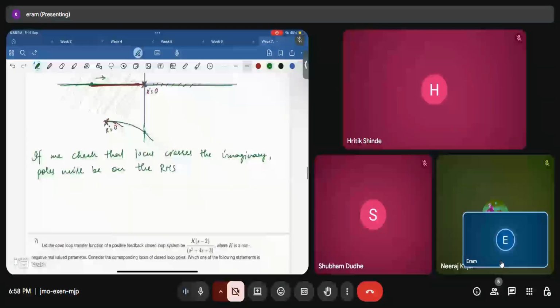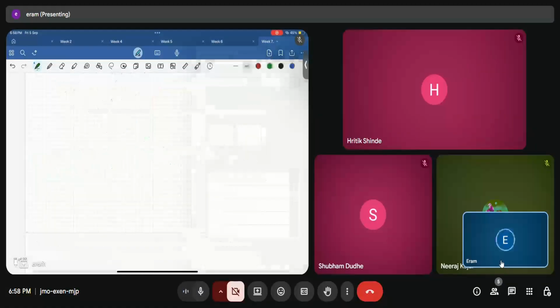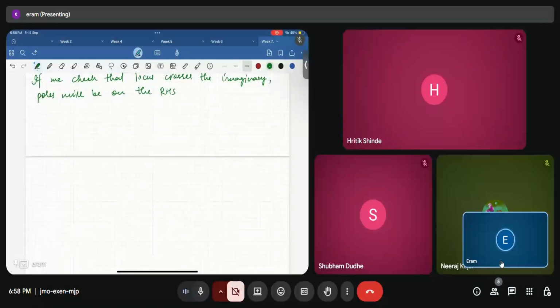So if we write the characteristic equation, which is 1 plus k dash g of s equals 0, we need to put s equals j omega, and if we are getting some value of omega and k satisfying our condition that k dash will be greater than 0, then what we can say?